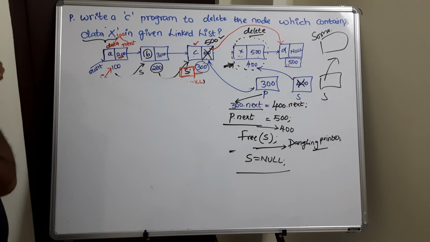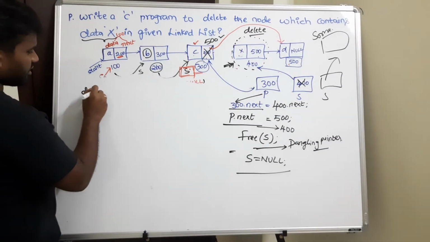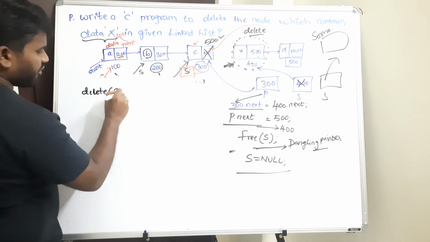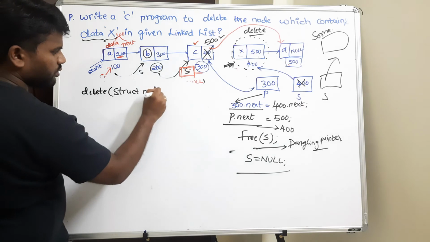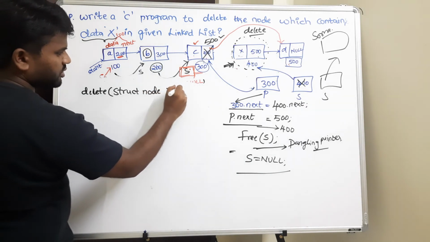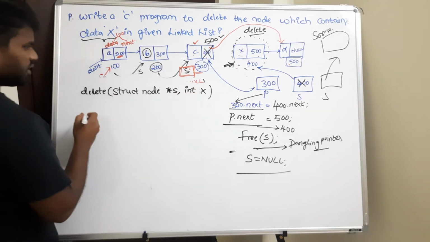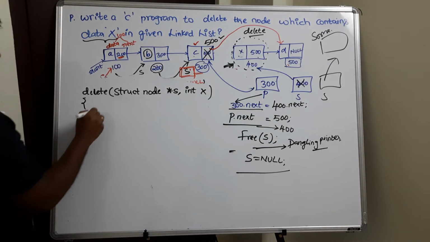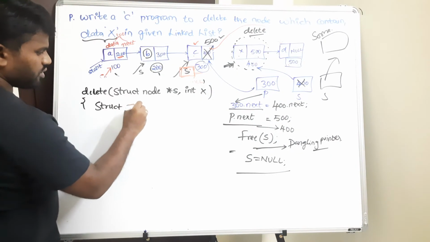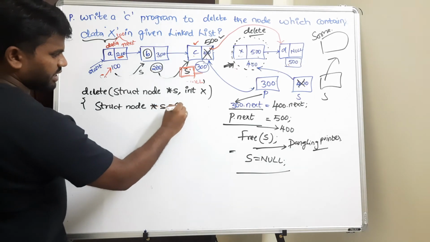So we are writing a function delete. You can consider delete as a function, and you are getting struct node, that is the starting address, and you are getting some data that is x. This data you need to delete, right? So that's why we are getting this data as well. We will allocate some struct node s1 equal to s.